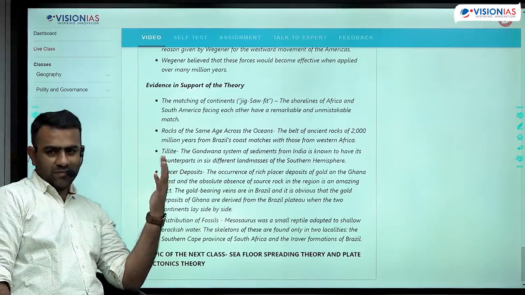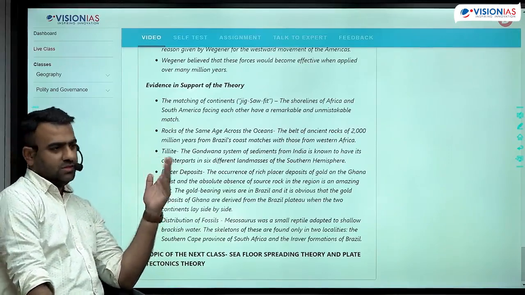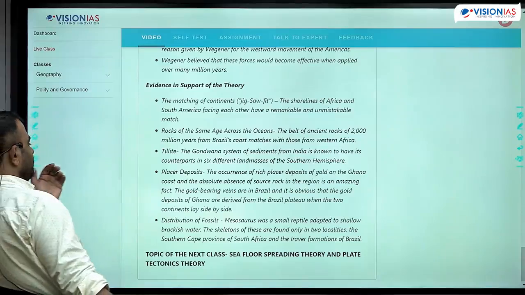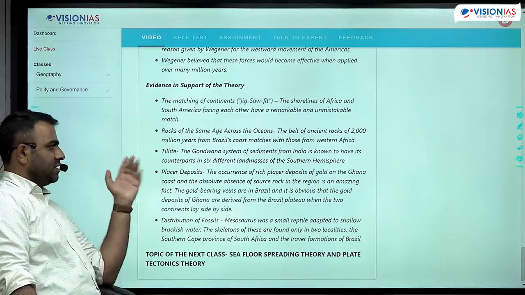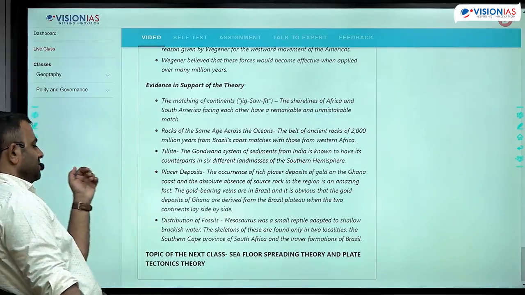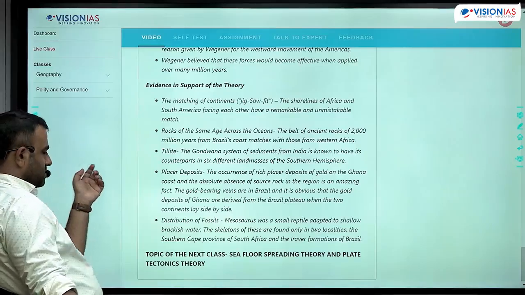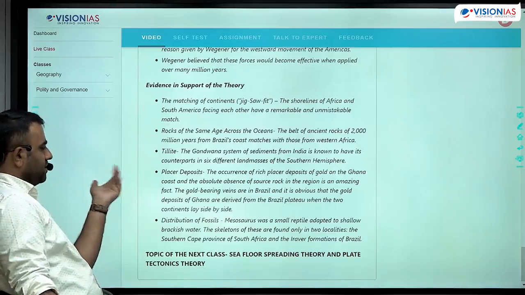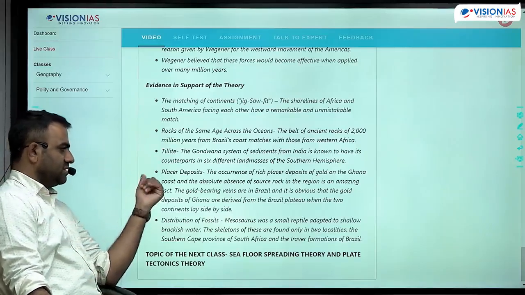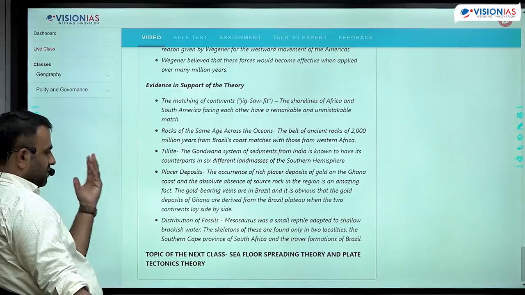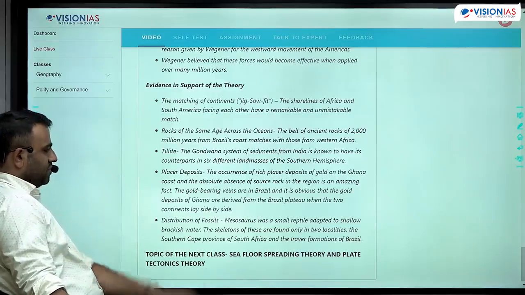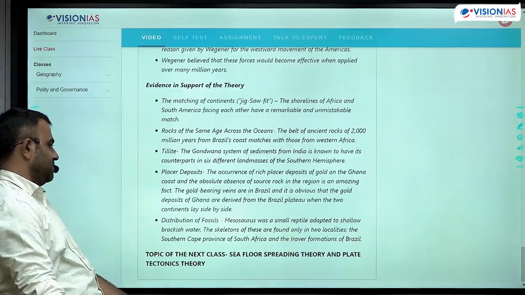Okay, so the same type of mountain formations across two different parts of the continent, and the same layers of stratigraphy, glacier deposits. Okay, that includes tillites. The fossils include the Mesosaurus as well as Glossopteris. Okay, and placer deposits, gold placer deposits such as the gold deposits of Ghana. Okay, so we are having placer deposits over there. Okay, so they're from the mountains of Brazil.